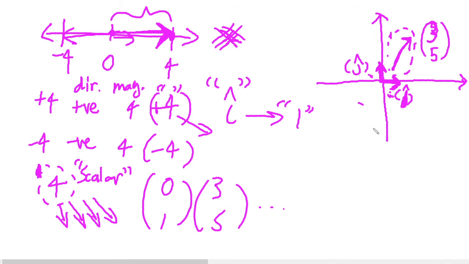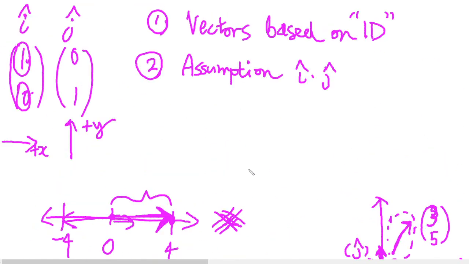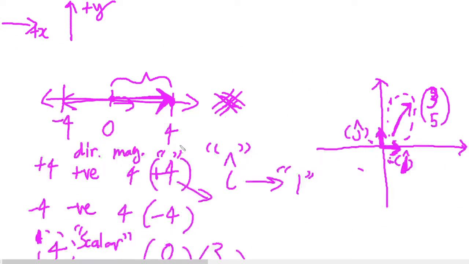Right? So now I want to move to my next topic, which is the assumption of i and j. Basically, i and j are quite fundamental ingredients in the 2D universe to make up all the vectors that we know.